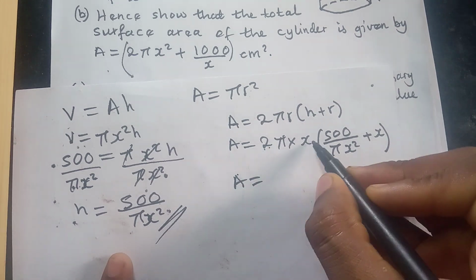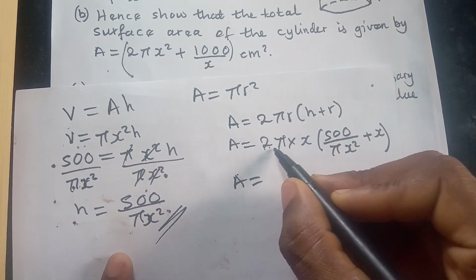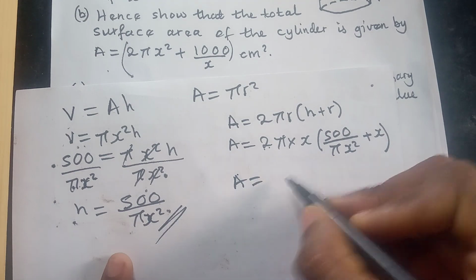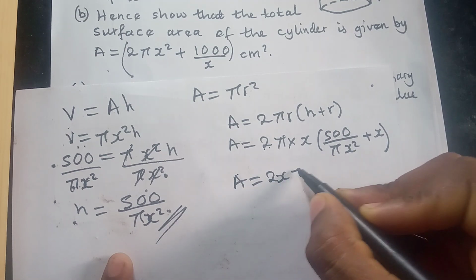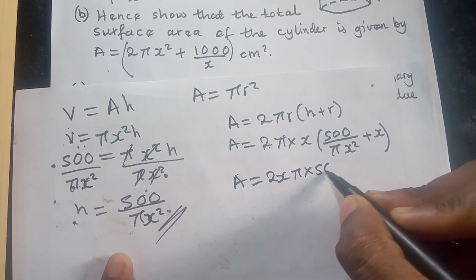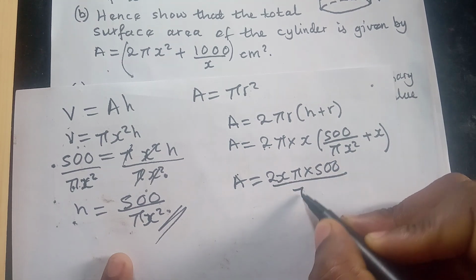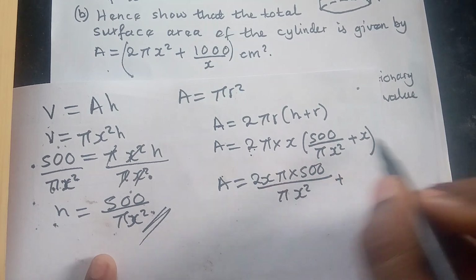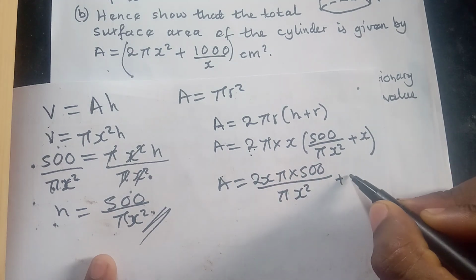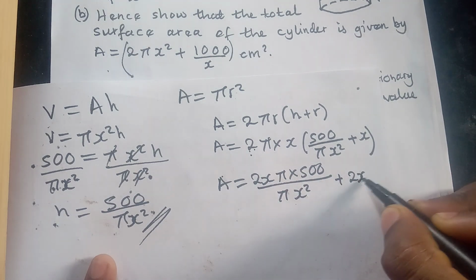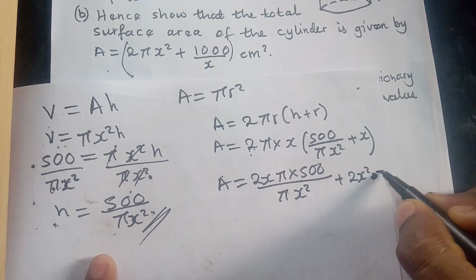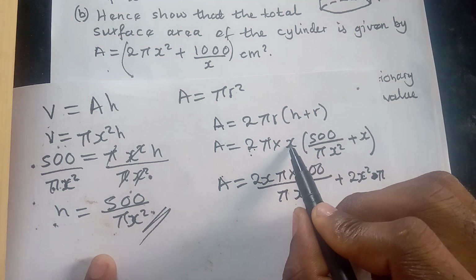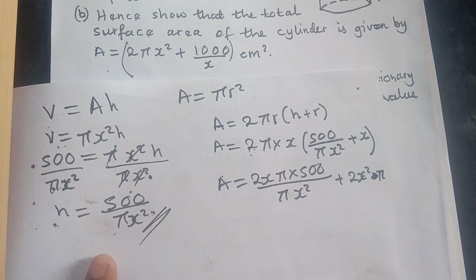So this times this, of course this is 2x pi, so 2x pi multiplied by 500 over pi x squared, then plus 2x pi multiplied by x. This will simply be 2x squared pi. So x squared, because we have an x here and an x there, no denominator this side.